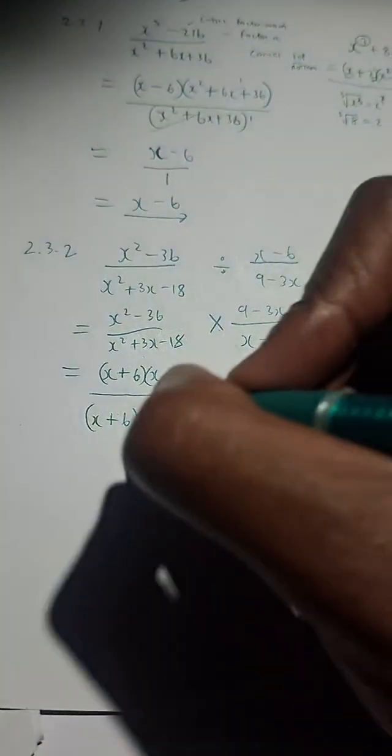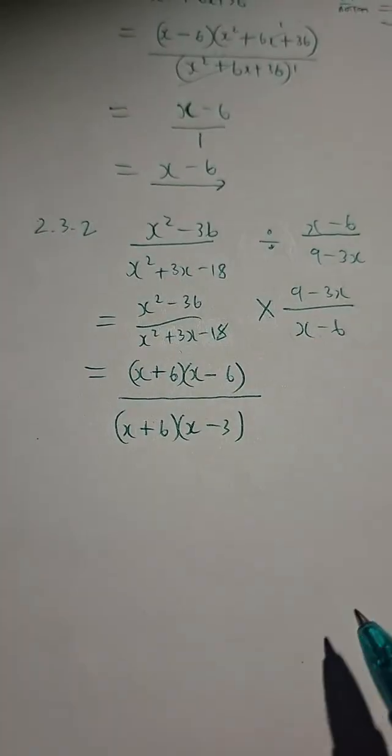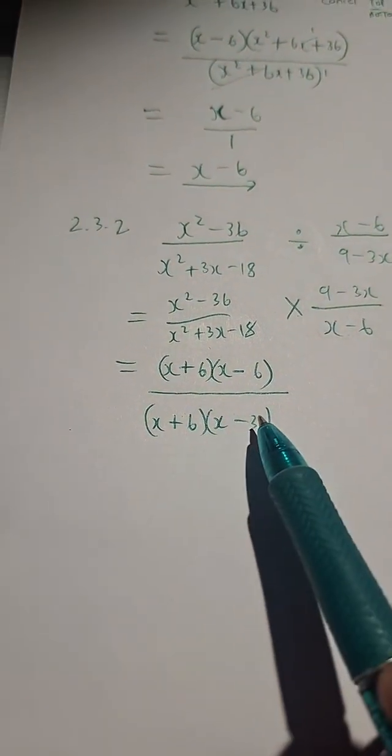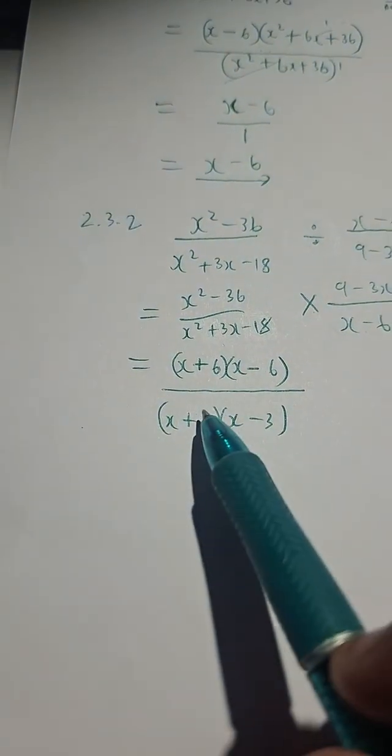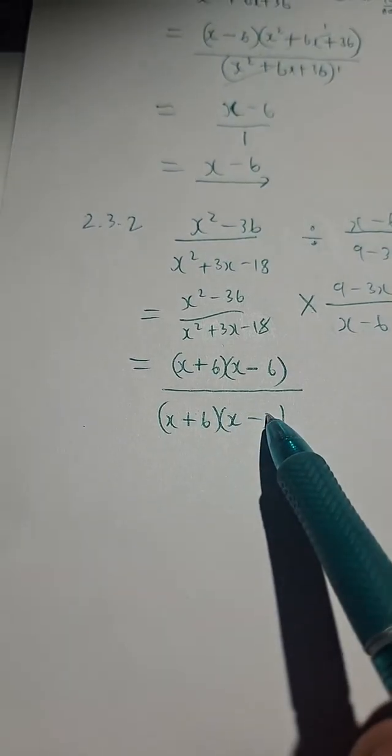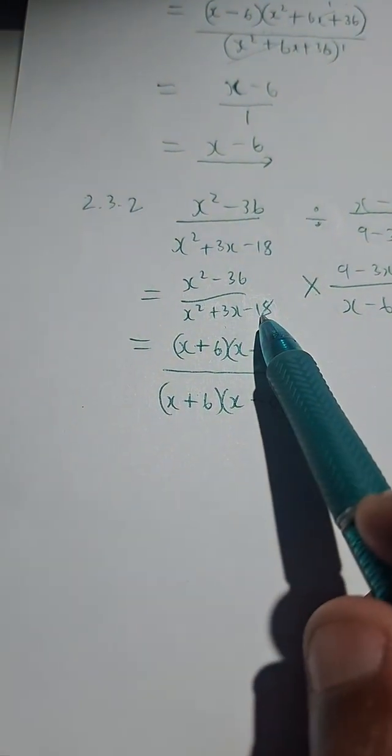Positive 6 minus 3 gives me plus 3. But positive 6 times minus 3 gives me minus 18.